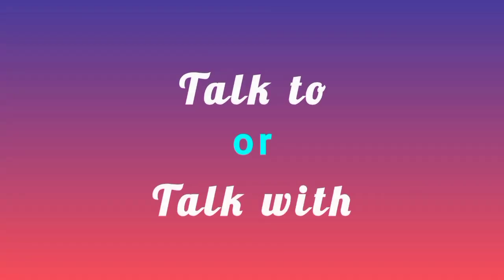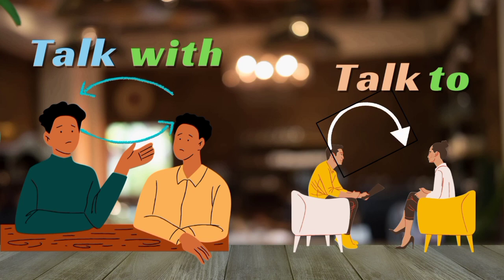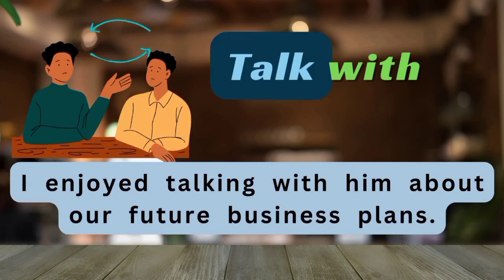Talk to or talk with. When do we use talk with and when do we use talk to? This may sound confusing, but it's actually very simple. Use talk with when you are having an equal level conversation. What do I mean by that? For example, when you're talking to a friend or perhaps a business associate.